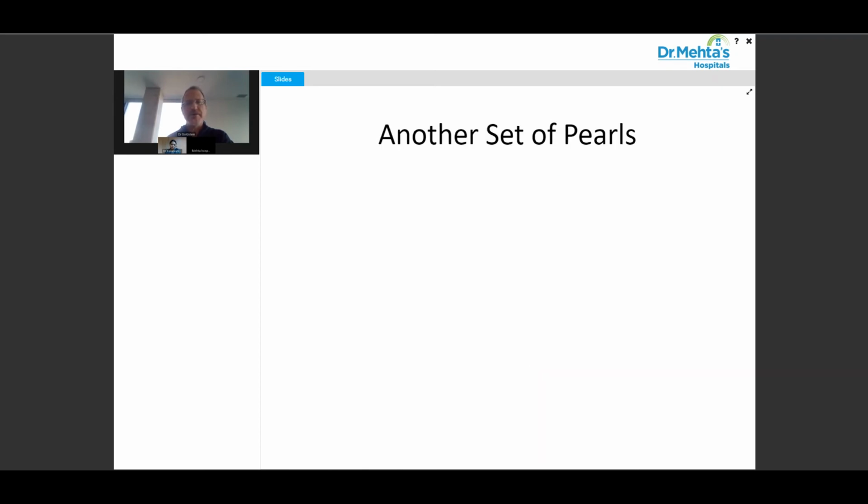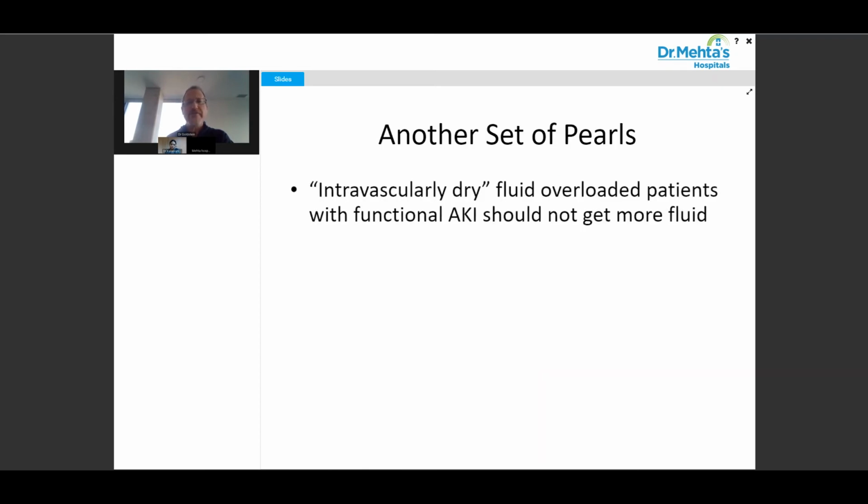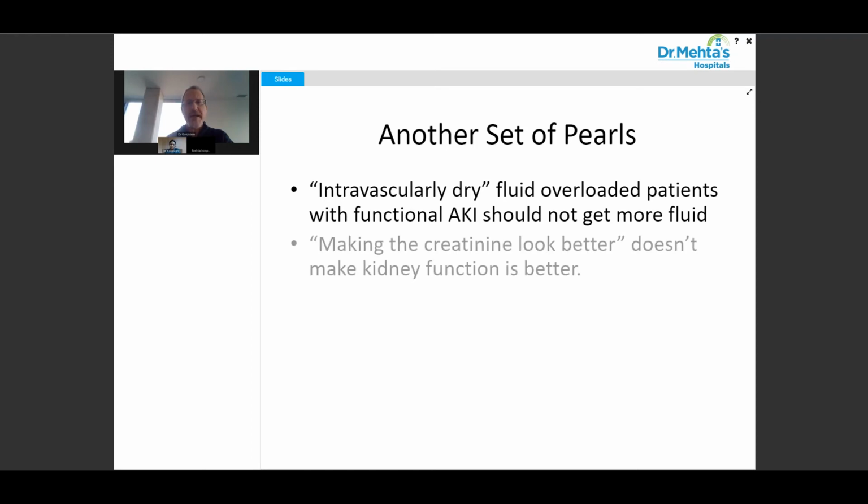Another set of pearls. Intravascularly dry, fluid overloaded patients with functional AKI should not get more fluid. Making the creatinine look better doesn't make the kidney function better. That being said, making the creatinine look worse in a fluid overloaded patient that you diurese is not making the kidney function worse.